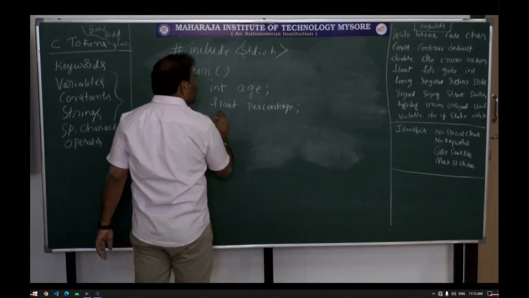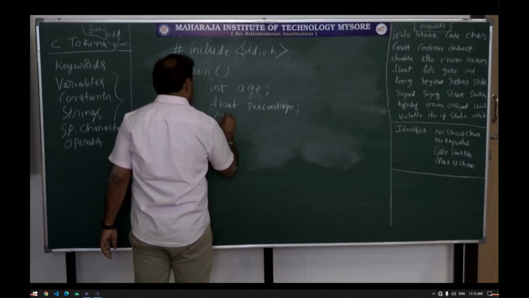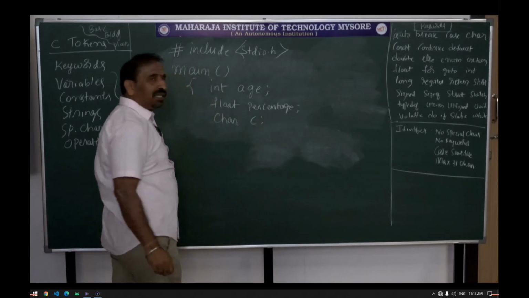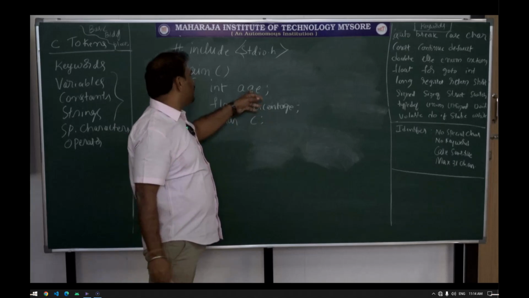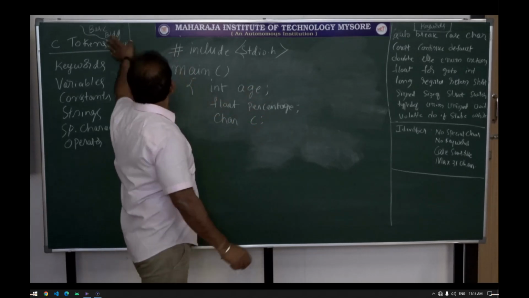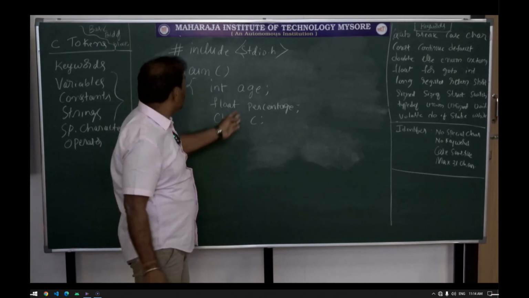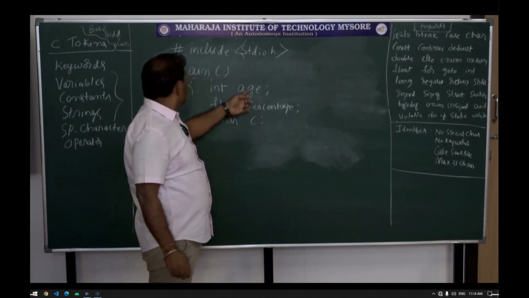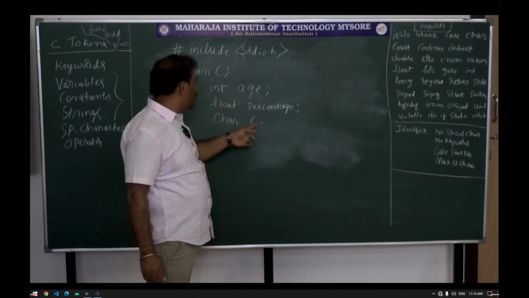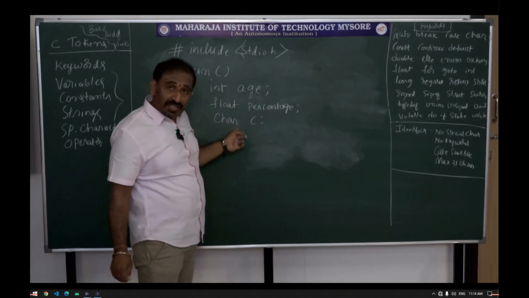Then I am declaring 3 variables called age, percentage, c. These are the basic tokens. I am creating some variables. This age is of type integer, percentage is of type float, c is of type character.